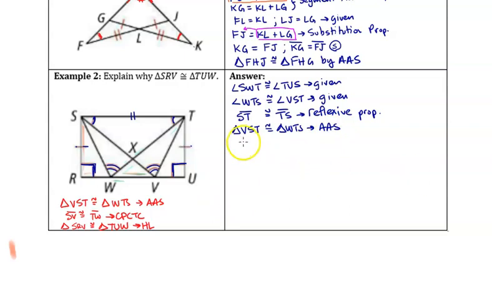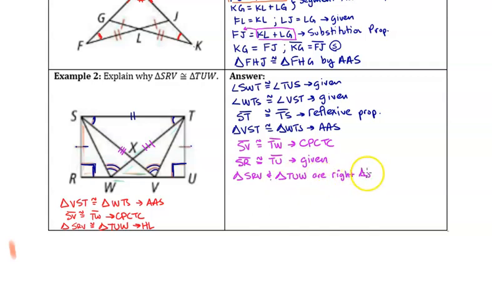Then I'm going to switch over and say, if those two triangles are congruent, segment SV must be congruent to segment TW by CPCTC. So now I've decided that segment SV and segment TW are congruent. I also have segment SR congruent to segment TU, that's given, and triangle SRV and triangle TUW are right triangles.